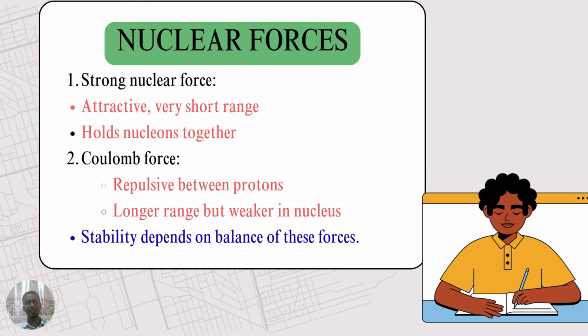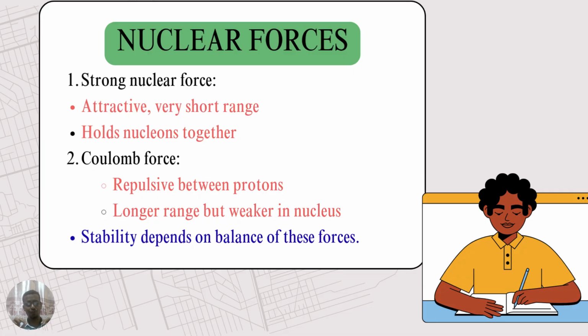So what is the nuclear force? Before that, we said that the nucleus is composed of protons and neutrons, and the protons are positively charged. So these positively charged protons exert a force on each other. There are two types of force in the atomic nucleus: the strong nuclear force and the Coulomb force.